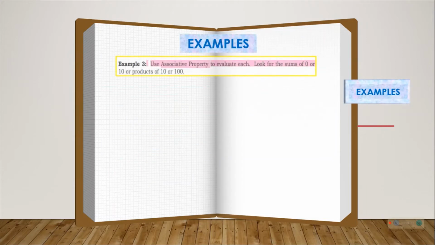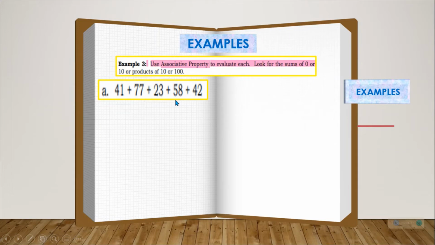Another example, use associative property to evaluate each. Look for the sums of 0 or 10 or products of 10 or 100. Okay, 41 plus 77 plus 23 plus 58 plus 42. Pag sinabing associative property, yan yung ginugrupo-grupo.